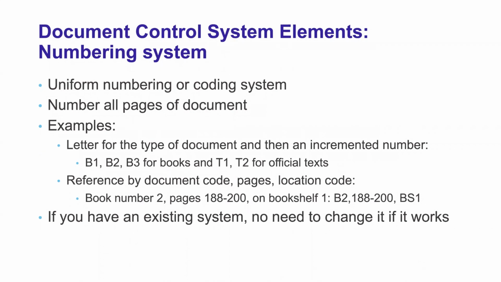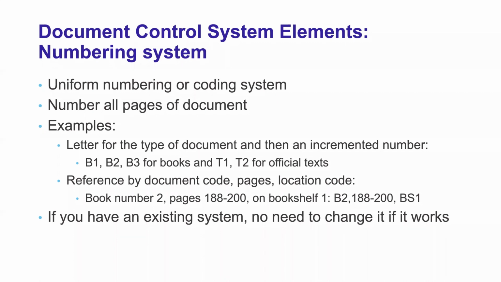So for a numbering system, basically that refers to a uniform numbering or coding system. Like I said, that can be used to know exactly where to find documents in the system. So all pages of the document should be numbered, and these are just examples, but you should use whatever process works for you and the folks in your lab.